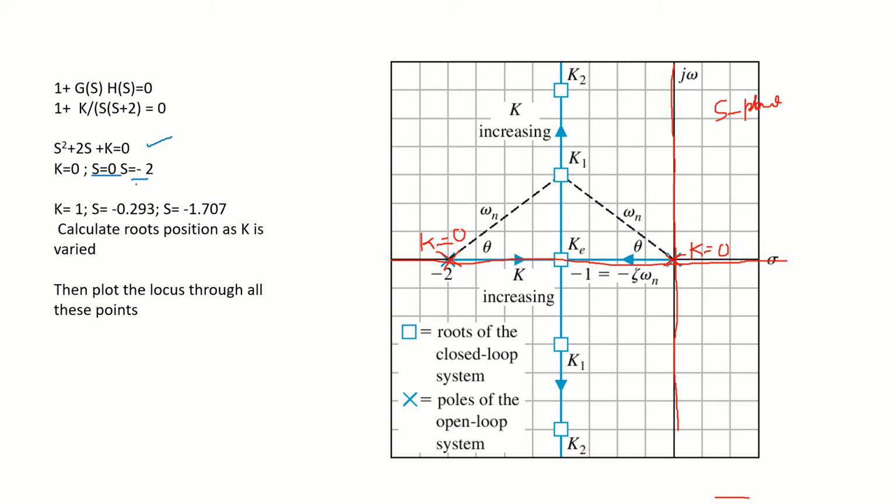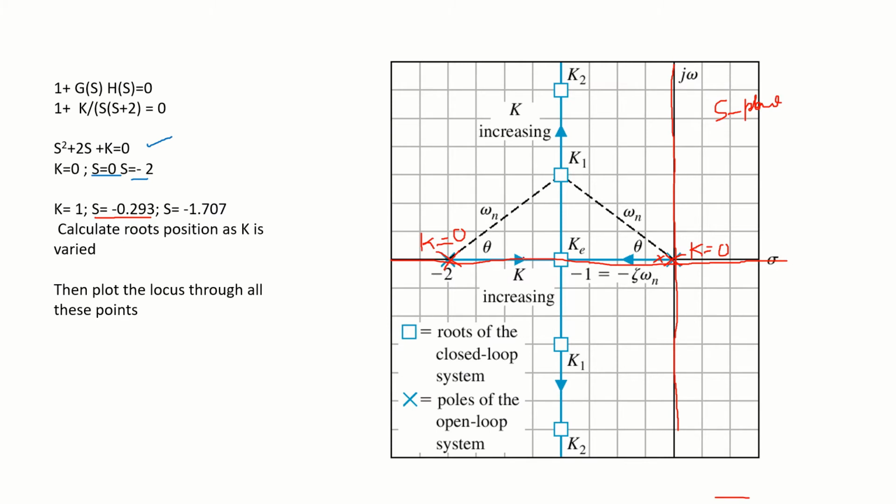Now let me put K equal to 1 here. Then S square plus 2S plus 1 equal to 0. If I solve that equation, I'll get S equal to minus 2 minus 0.293, maybe minus 1.707.